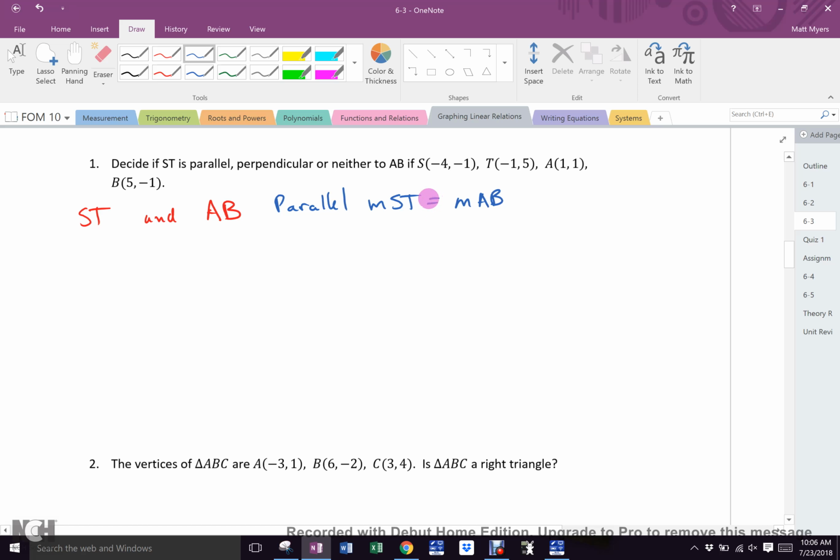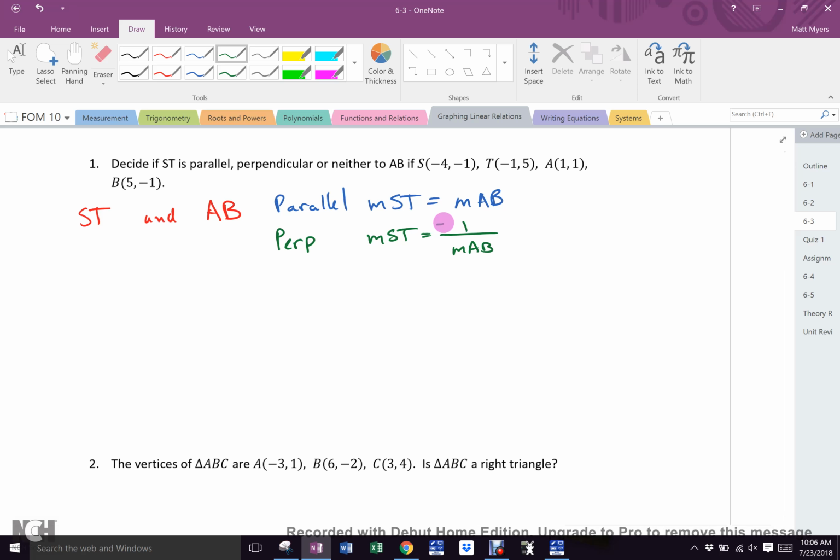Right? If they're perpendicular, not perpendicular, and I'll change color. If they're perpendicular, then the slope of ST must equal negative 1 over the slope of AB. And if they're neither parallel nor perpendicular, they're just going to have different slopes, right?